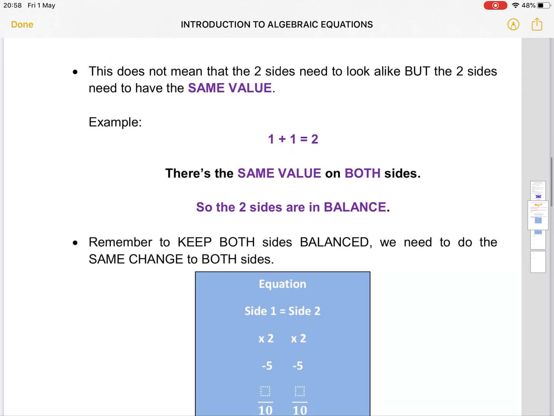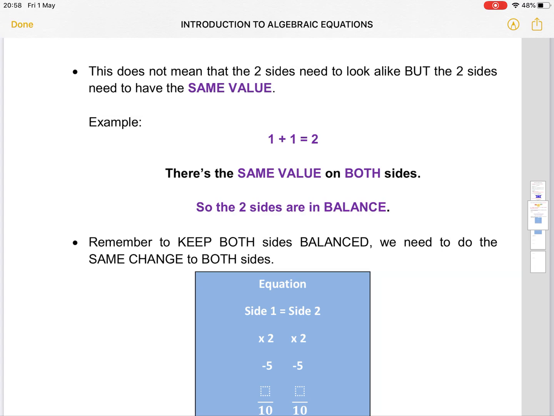Now, as we said earlier, remember to keep both sides balanced. We need to do the same change to both sides, okay? Earlier we said that if we add something to one side, then we need to add that same something to the other side, okay?